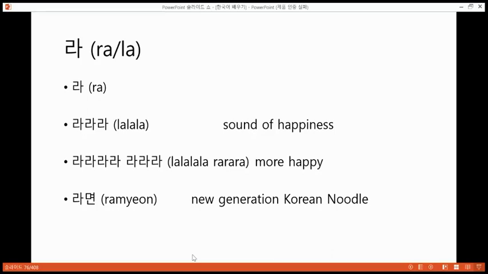It doesn't matter, either la la la or rarara, because we have only 리을. When do you use la la la? When you are happy. Say la la la. Let's say it 7 times: la la la la la la la. Can you say it?